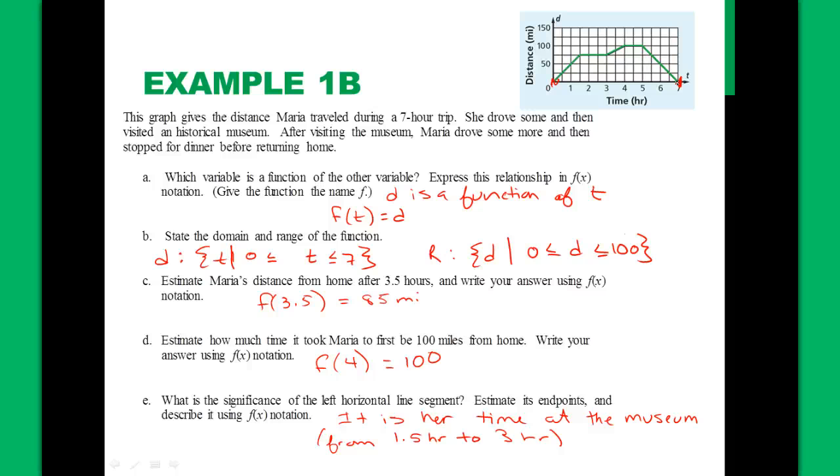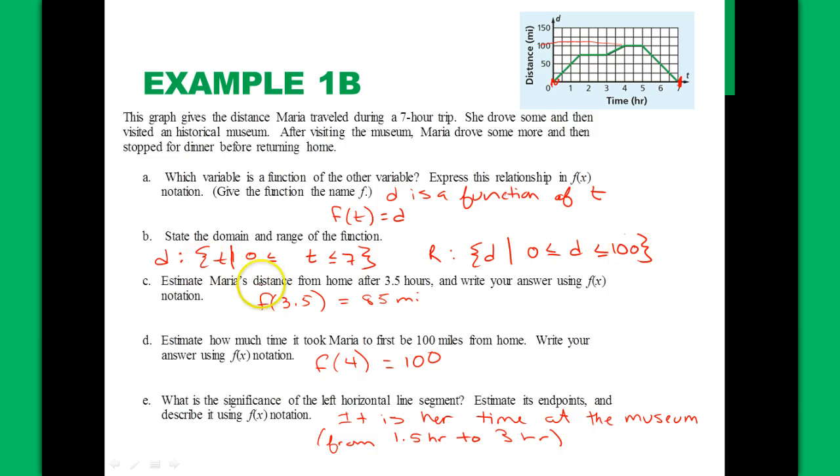So that's why it's less than or equal to 7 or to t. So it can be any decimal within those bounds, okay? All right, and then the distance is anywhere between 0 and the top one here, which is 100. So that's why I get a bound of 100.